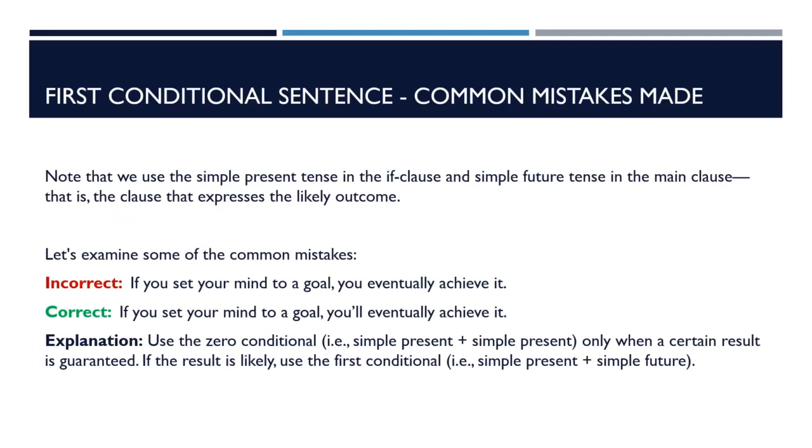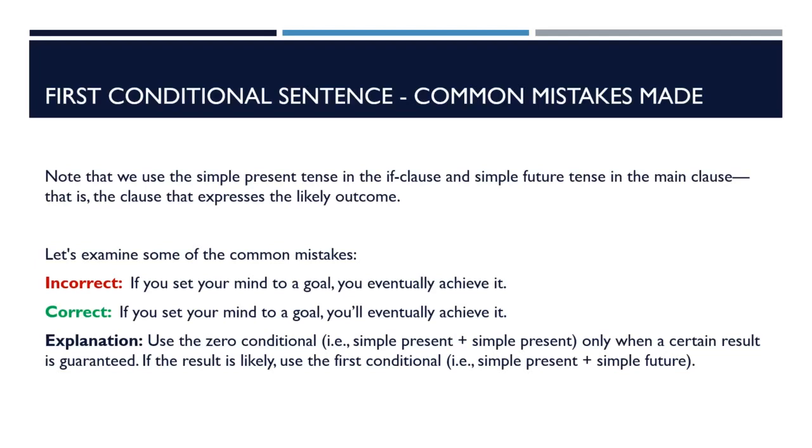First conditional sentence: common mistakes made. Note that we use the simple present tense in the if clause and simple future tense in the main clause, that is, the clause that expresses the likely outcome. Let us examine some of the common mistakes. Incorrect: if you set your mind to a goal, you eventually achieve it.